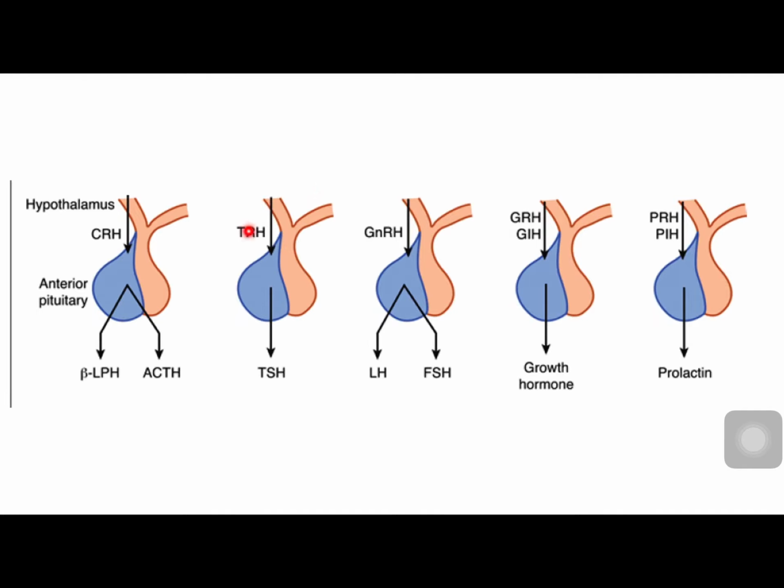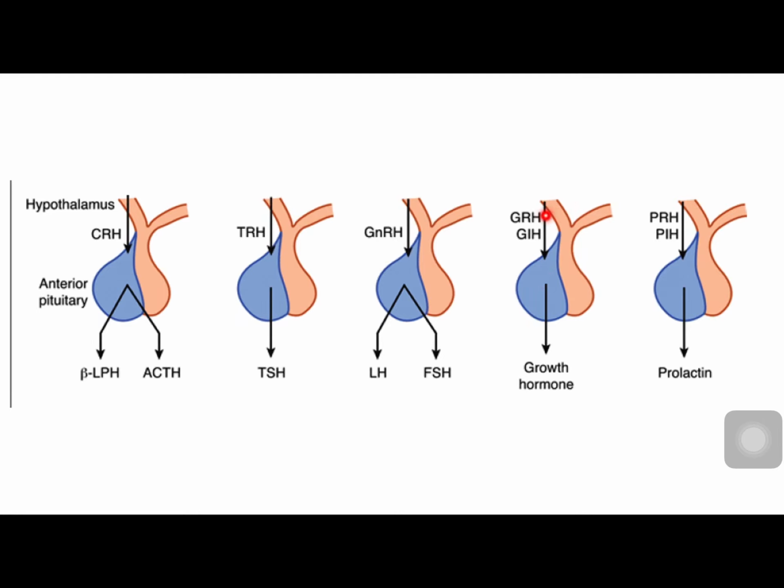Next, the hormone released from the hypothalamus is thyrotropin releasing hormone. It causes the release of thyroid stimulating hormone, which causes the release of thyroxine from the thyroid gland. Gonadotropin releasing hormone, on the other hand, causes the release of luteinizing hormone and follicle stimulating hormone, which cause ovulation and production of gonadal hormones.